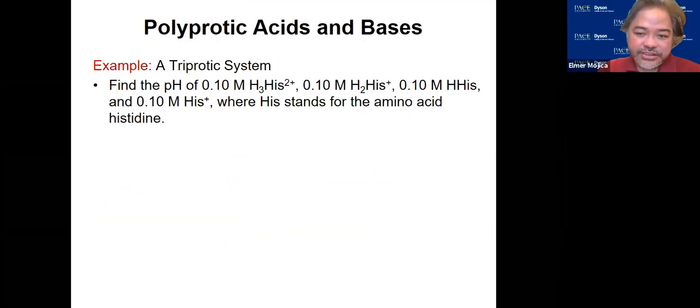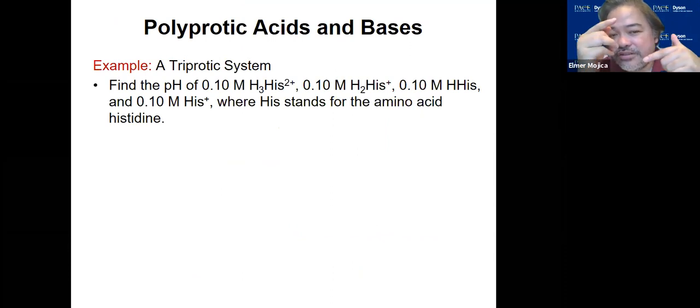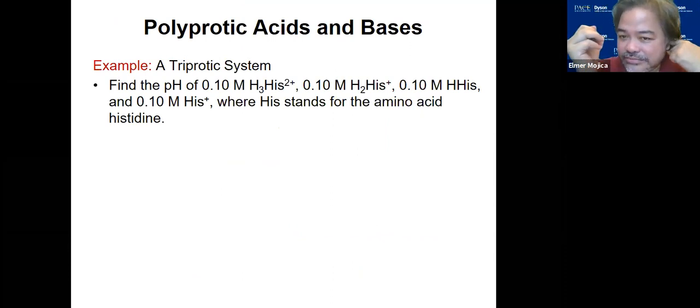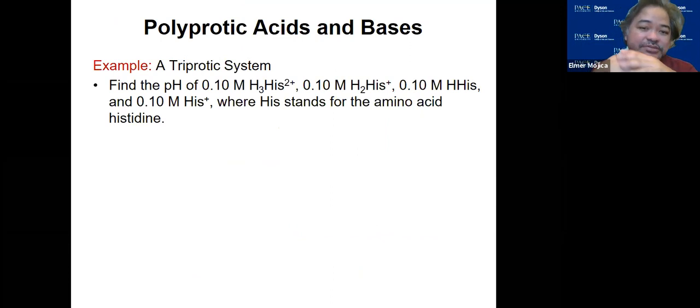We can also do it like this one. This is a triprotic system. So the leucine that we have is only a diprotic system. What's the difference between diprotic and triprotic? You have an additional H plus. Now the question you should ask yourself is, how are you going to solve a triprotic system?